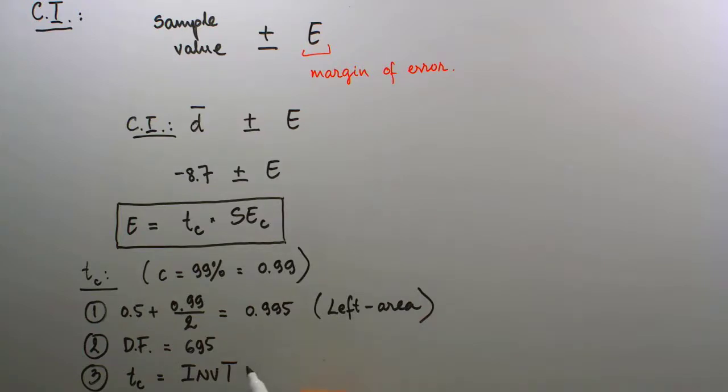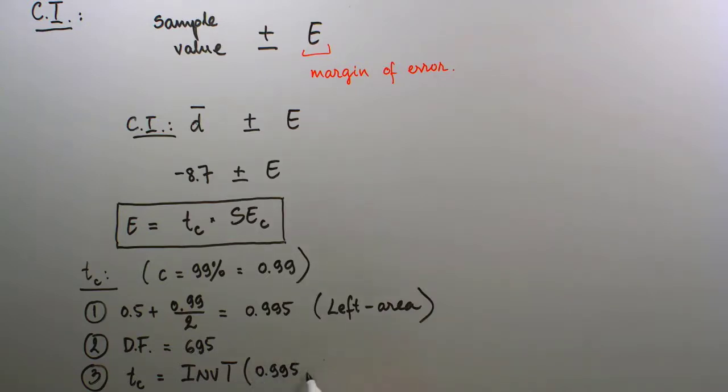So when we're running the INVT command or the INVT program, the first thing the program will ask for is the left area. If you're using any kind of technology on the market, this is how a lot of times the syntax is going to run. We call up the INVT command, and it will first ask for the left area.